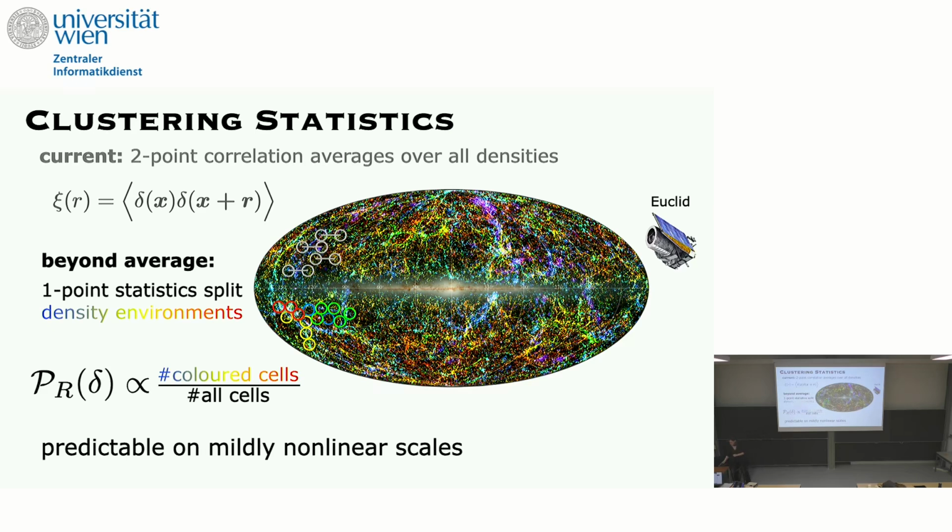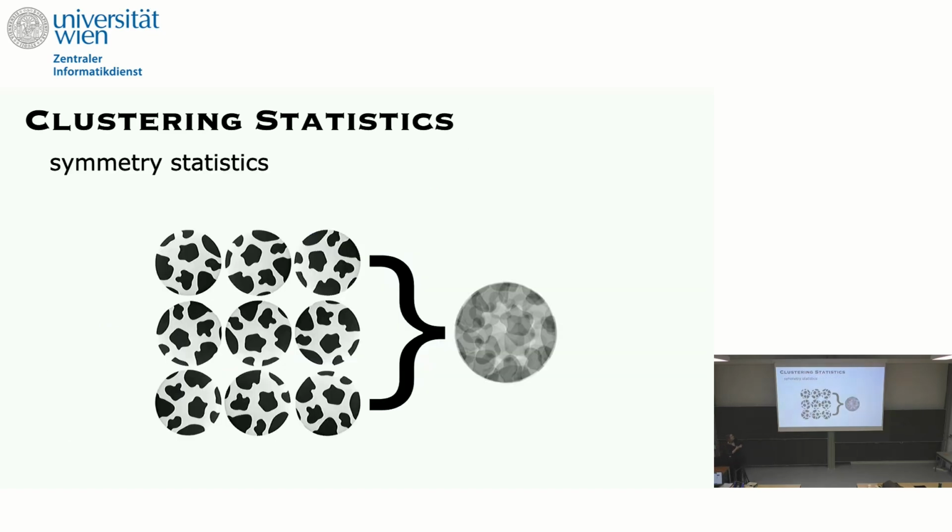So I want to briefly tell you why I believe those 1 point statistics, where we basically do explicit smoothings and we implement a symmetry, are nice. A very simple argument is as follows. If I have statistics with an inbuilt symmetry, then this symmetry will translate into a simplified dynamics. And I just illustrated this here with a spherical cow.